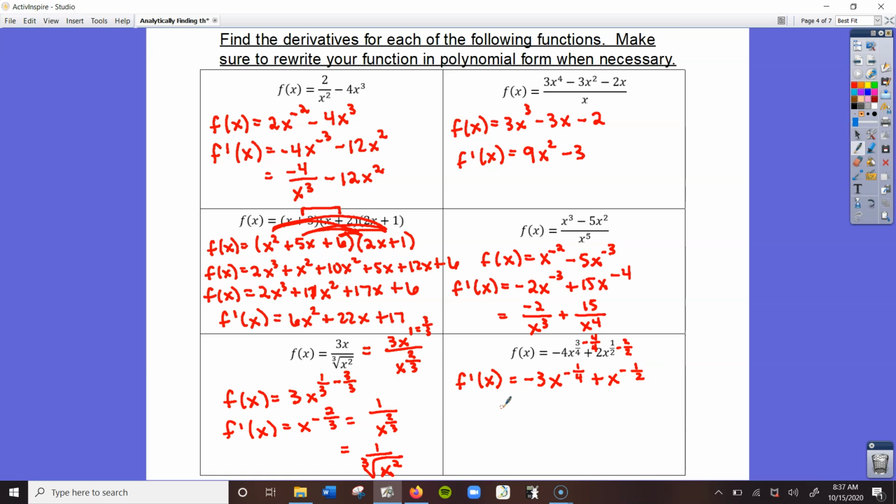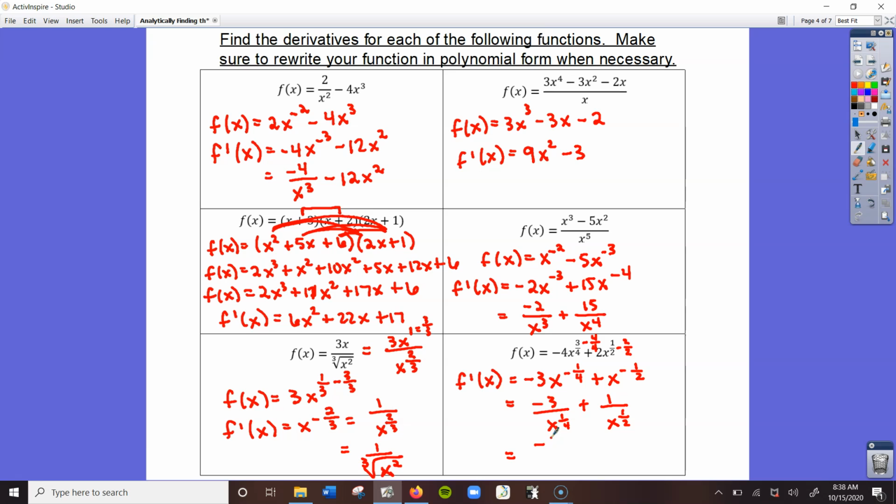Again, I can rewrite this using only positive exponents, which would be negative 3 over x to the 1/4 plus 1 over x to the 1/2. This could be an acceptable answer, but we could also rewrite this with the roots.